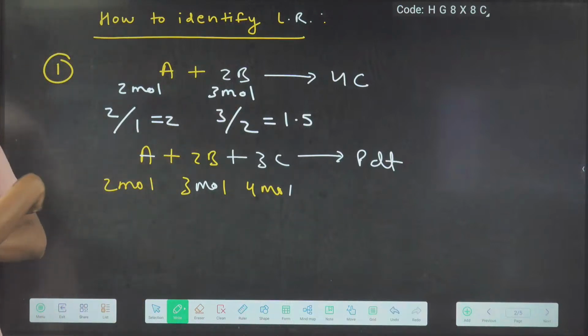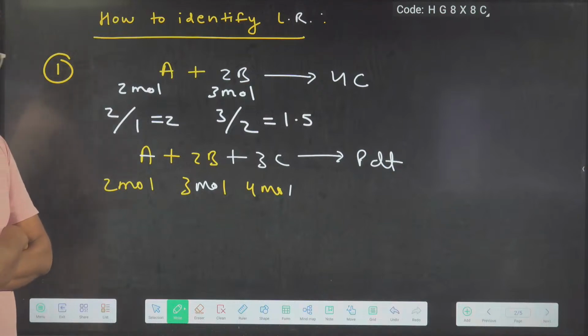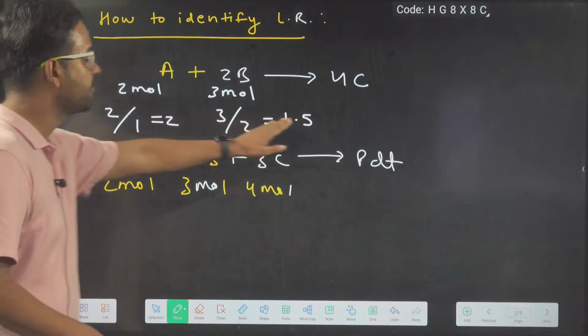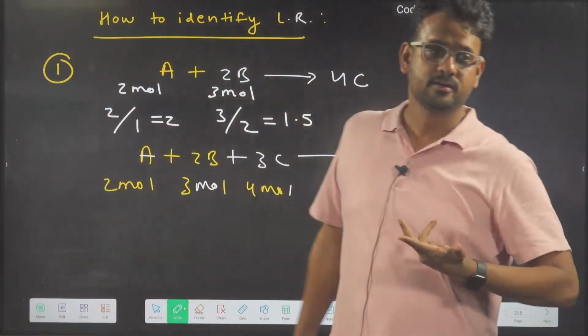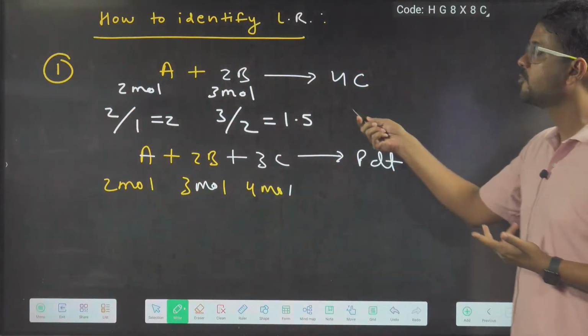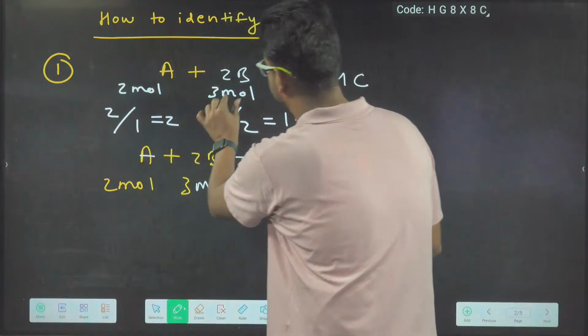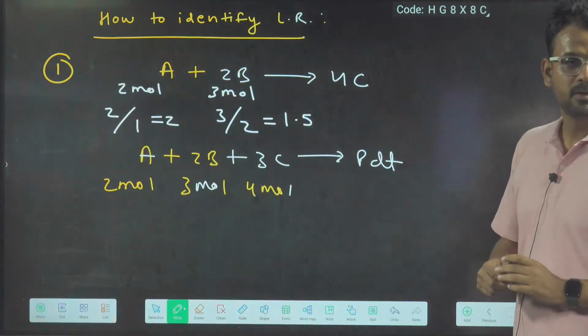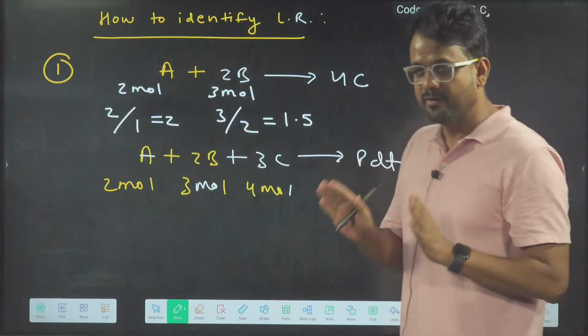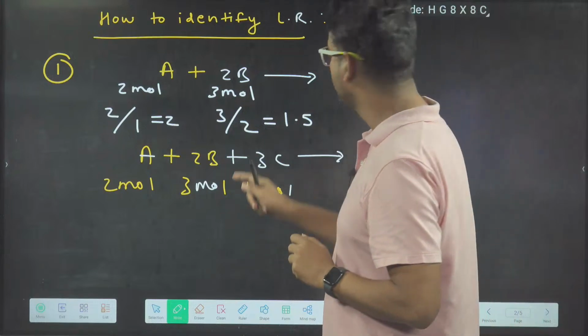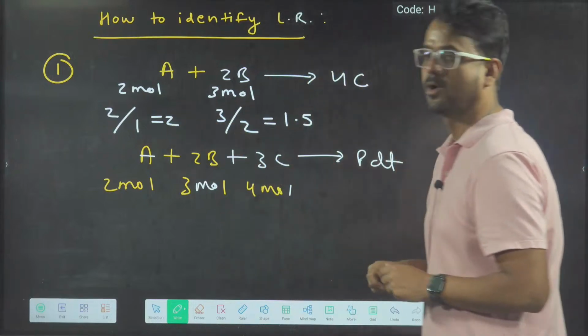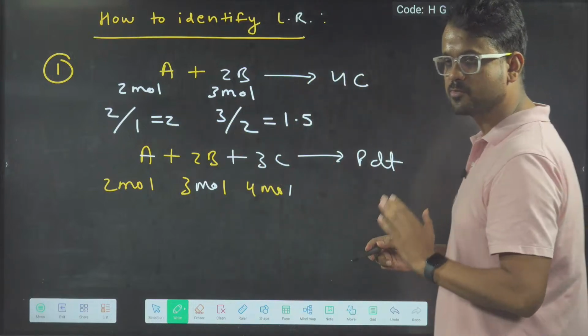Which is smaller, 2 or 1.5? 1.5 is smaller.